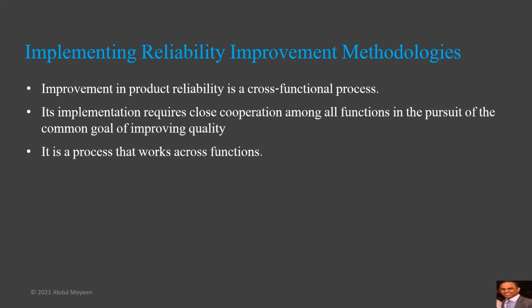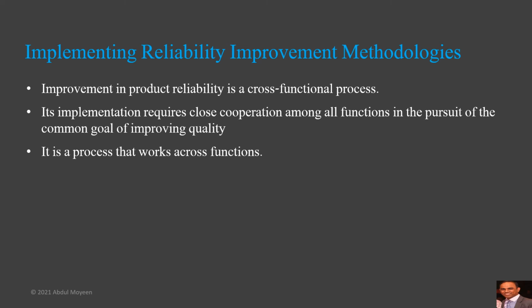Materials management department should rationalize suppliers. They should help suppliers implement quality improvement methodology. So sometimes a company needs to work together with the suppliers about how the suppliers can improve the quality of the raw materials and other inputs.